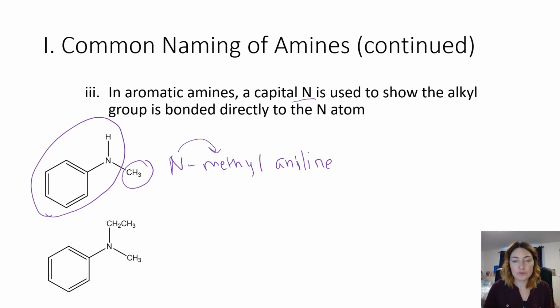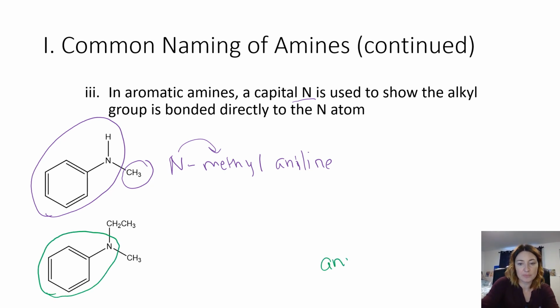All right, so for our second example, same thing. This time it looks like we have a group coming off of all three places that it can bond from the nitrogen, so it's all full. Again, we're going to start with our parent chain. So we know that our parent chain is going to be aniline.